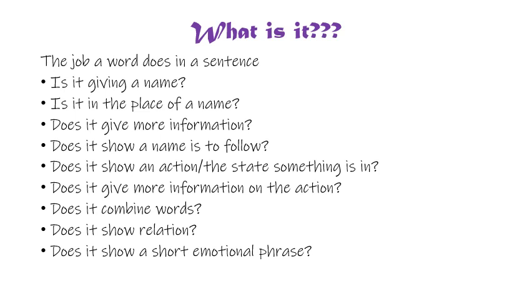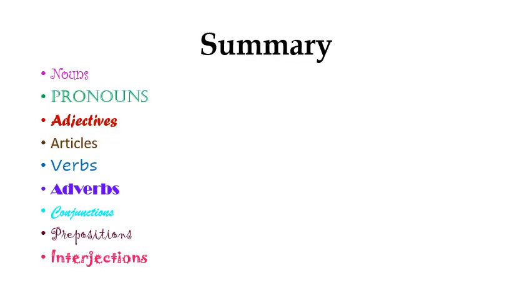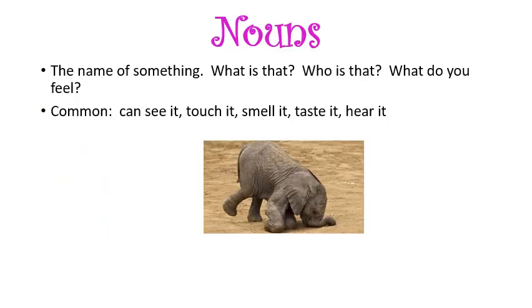Does it show a short emotional phrase? These are all the jobs a word can do in a sentence. When we have a look at the types, we find nouns, pronouns, adjectives, articles, verbs, adverbs, conjunctions, prepositions, and interjections.